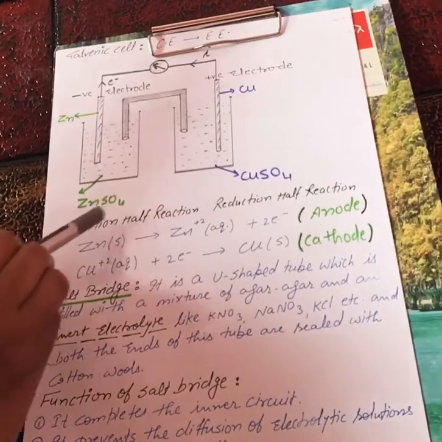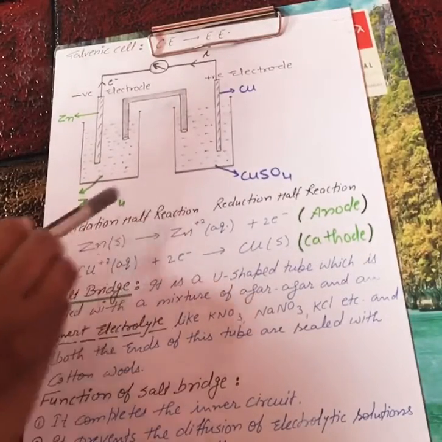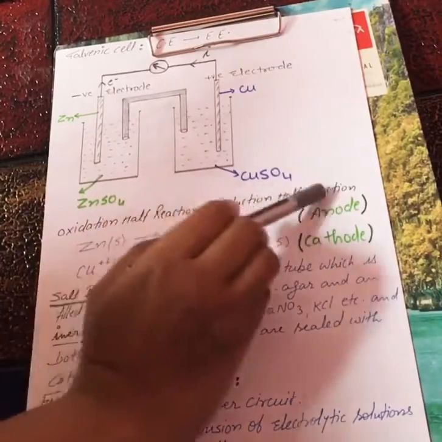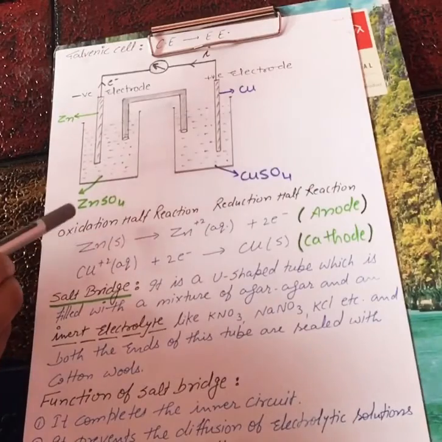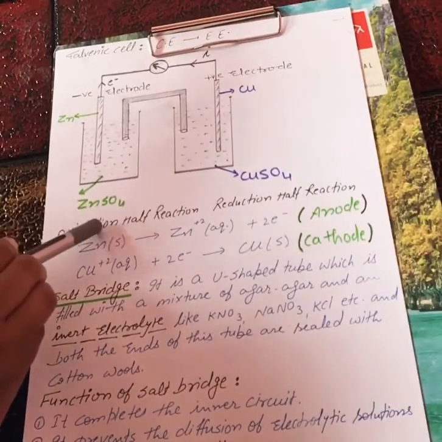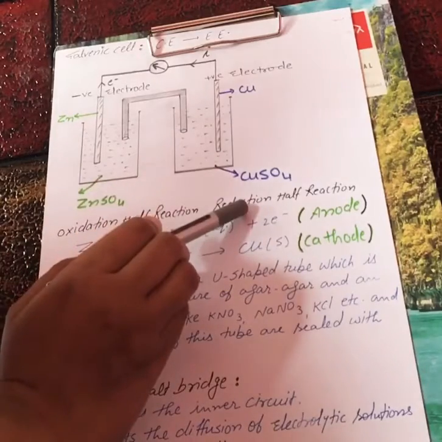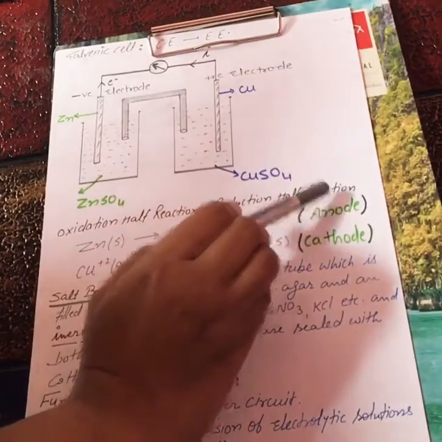Here, the oxidation half cell reaction takes place. Here, the reduction half cell reaction takes place. This beaker will act as the oxidation half cell. This beaker will act as the reduction half cell.